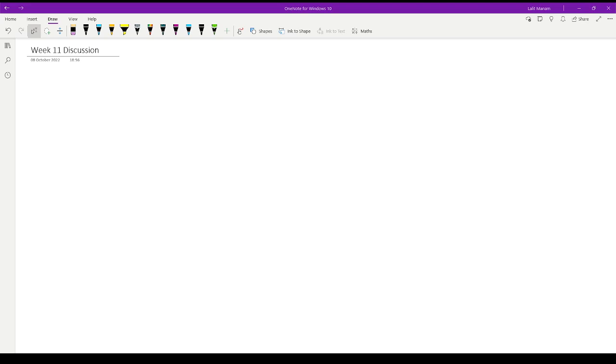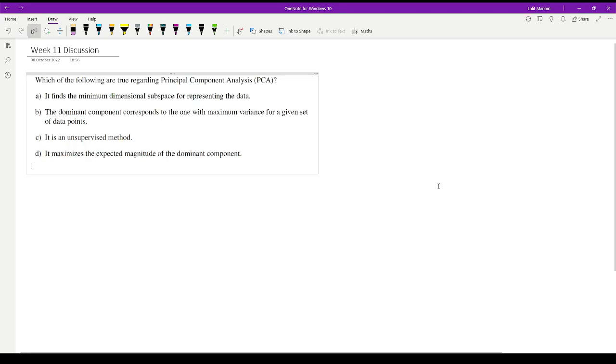So before we start, what do you mean by dimensionality reduction? Any answers? What does it even mean before we start off with the question?